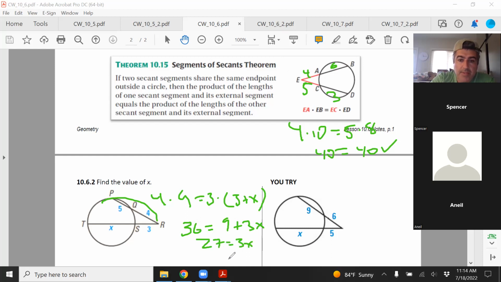So 27 equals 3x, x equals 9. And that would make sense because you have 4 times 9 equals 3 times 12.